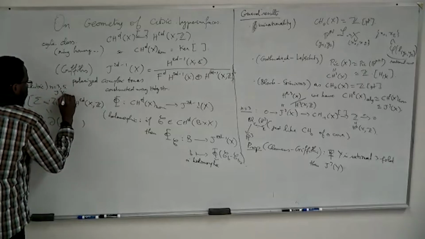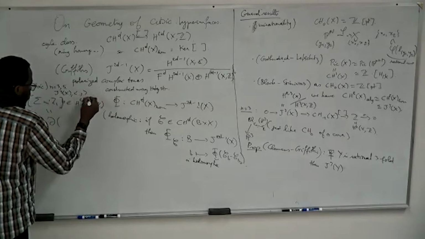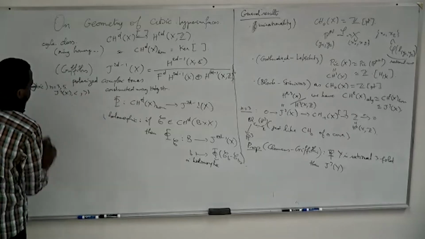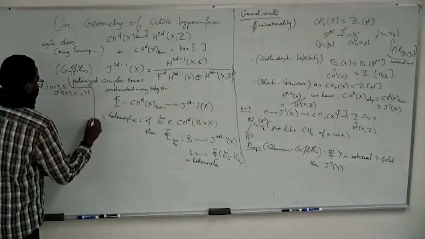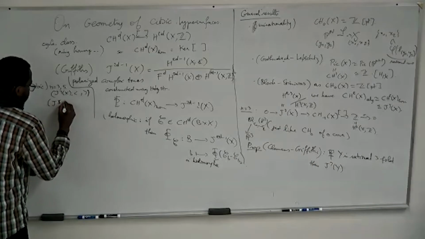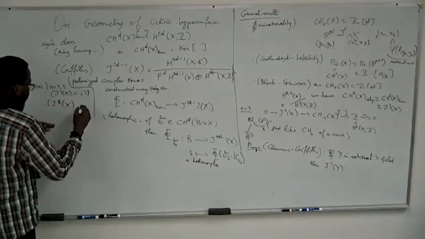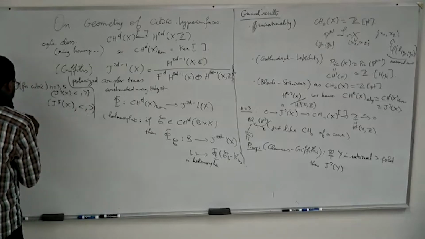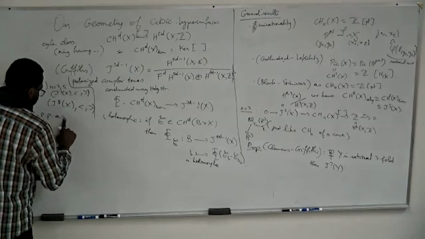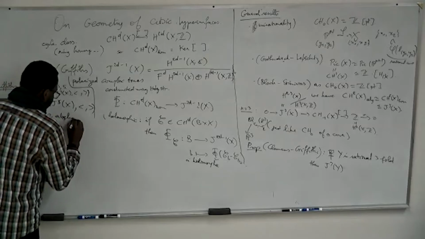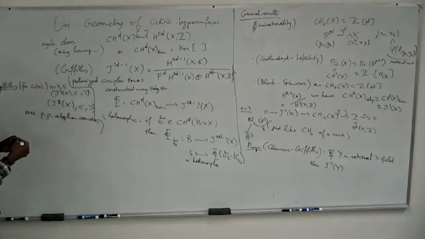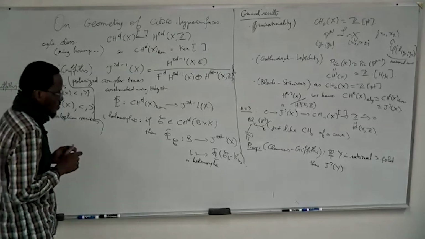So J3(X) with the polarization and J5, respectively for the cubic fivefold, will be principally polarized abelian varieties. In particular, they have a nicely defined theta divisor.